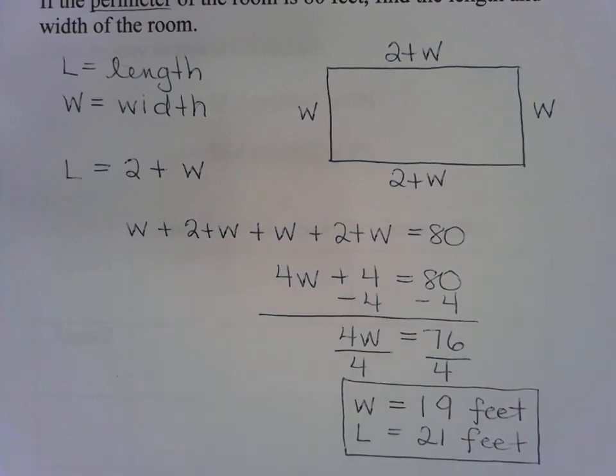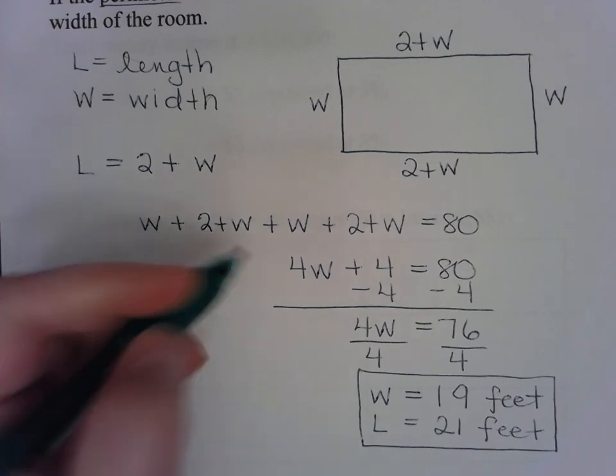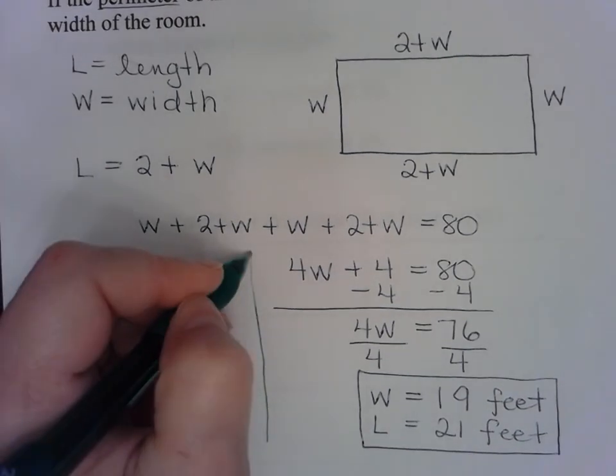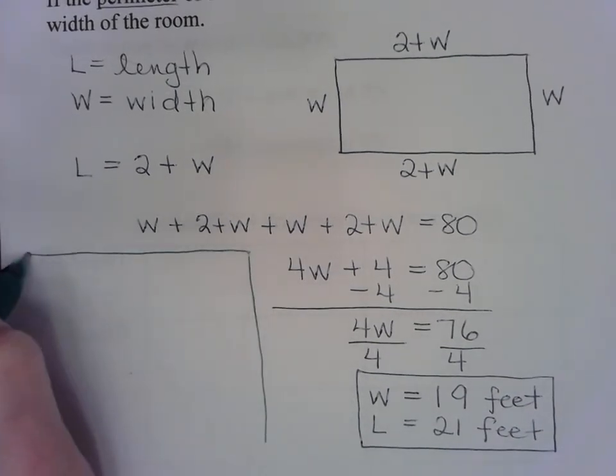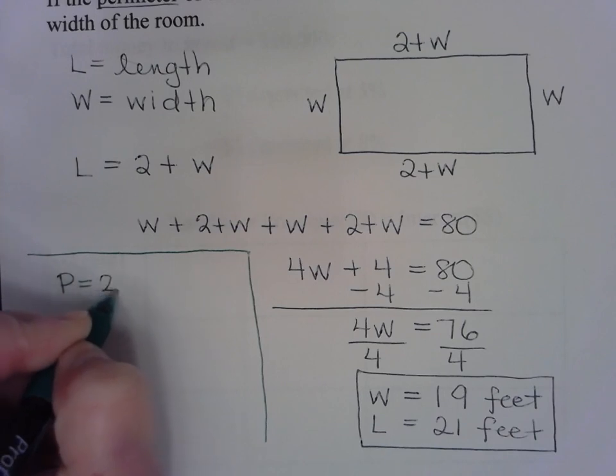Okay, if you are a formula person and you'd rather use the formula than the picture, let me outline what that would look like. So this is really more of a two variable approach, but I'll go ahead and show you anyway.